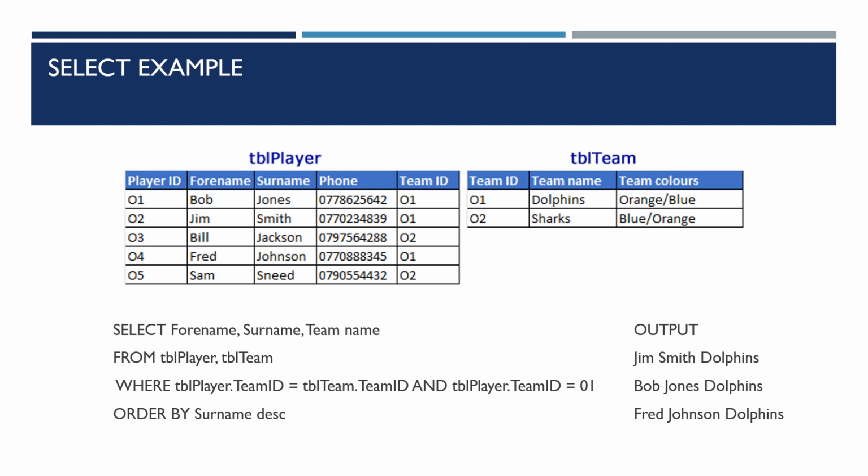So that's going to mean we only select the players that are in team 1. Then we're going to order it by surname descending. That's why the output starts with Jim Smith Dolphins, then Bob Jones Dolphins, then Fred Johnson Dolphins.